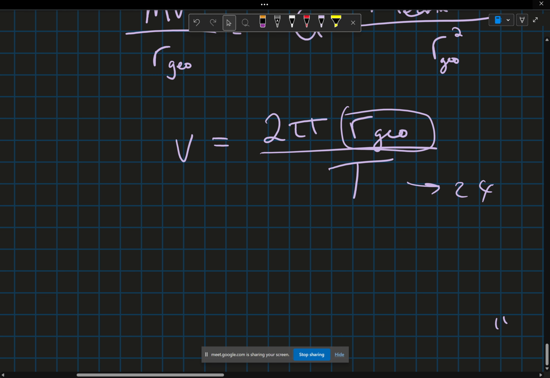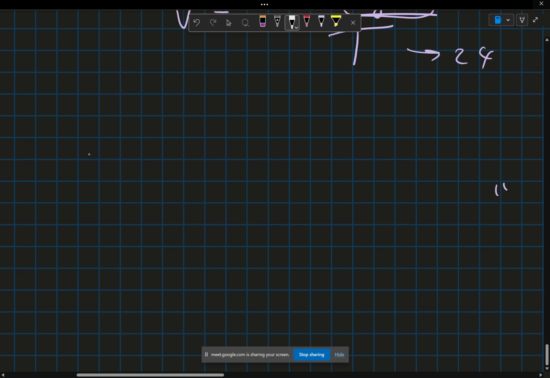So we can compare with other different orbits, our low Earth orbit satellites. This is the last concept that we're looking at for motion. So we're looking at low Earth orbit satellites, or what we call LEOs, versus geostationary satellites.